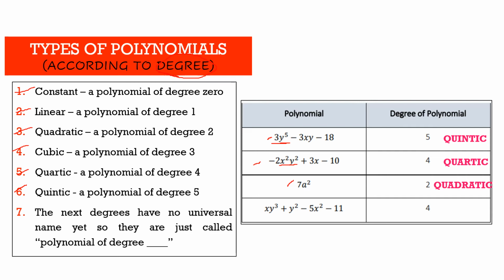The exponent of this x is 1 and the exponent of y is 3. Since there is only one term, we have to add 1 plus 3 and the sum is 4. Again, this is an example of a quartic polynomial based on the degree.